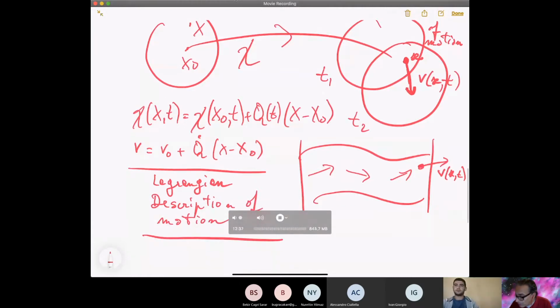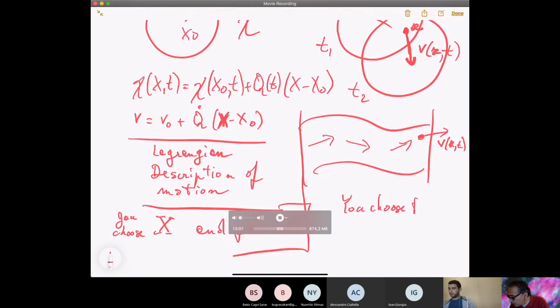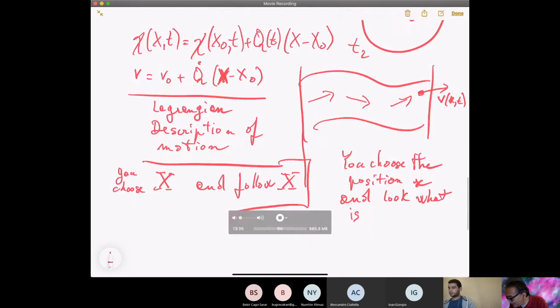So you ride, like jumping on the back of a horse, you ride a material particle X, so you choose X and follow X. Here instead, you choose the position small x and look what is passing there.